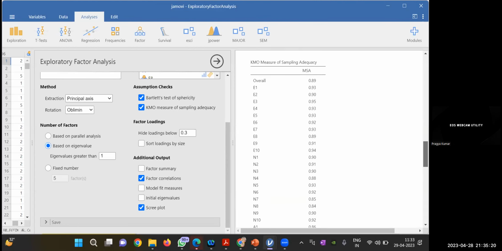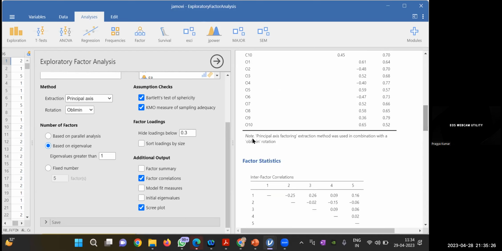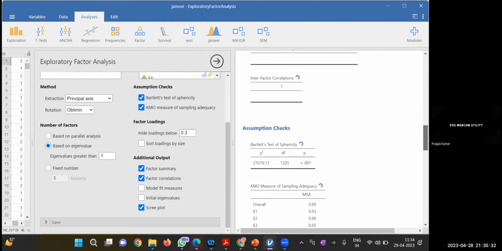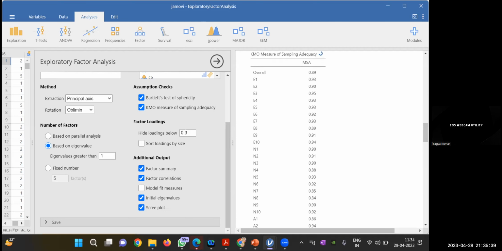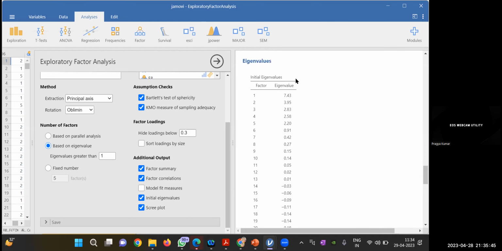Dr. Nitin was also asking about the eigenvalue at every level. So for the eigenvalue, maybe I can open the factor summary, and then you can click this. So these are the eigenvalues.